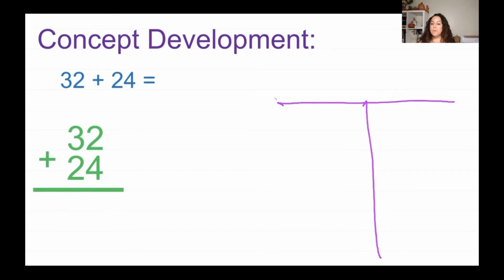On this side, I have my tens and my ones. You can write out the words tens and ones, but I think we can just write T and O. So the number 32 has 3 tens and 2 ones.